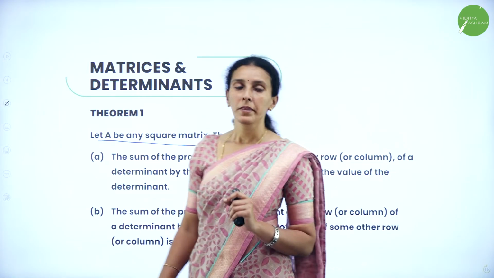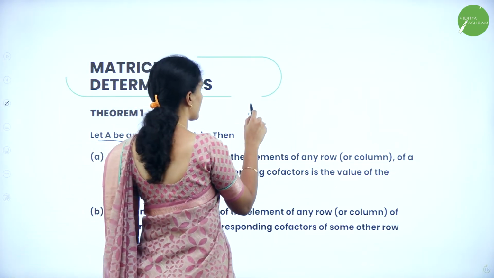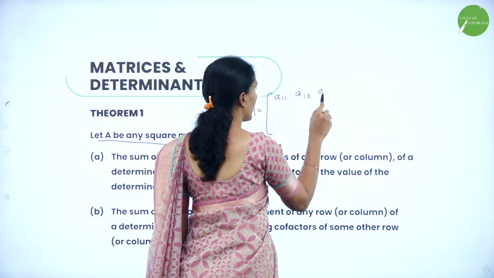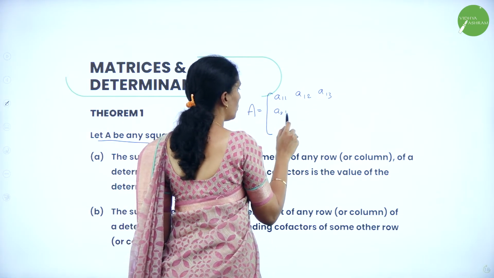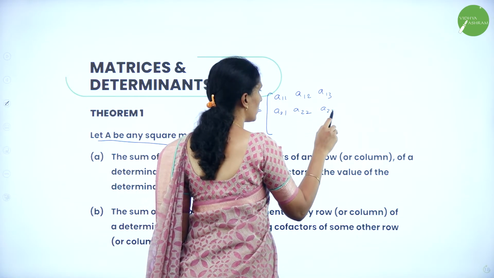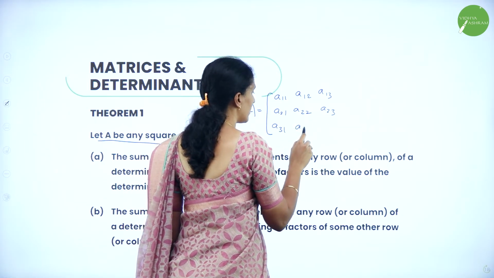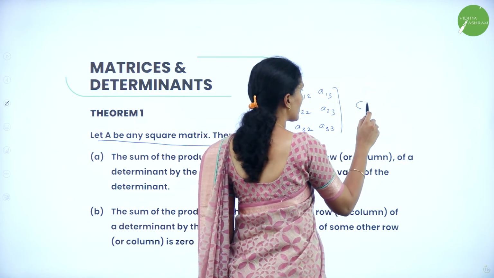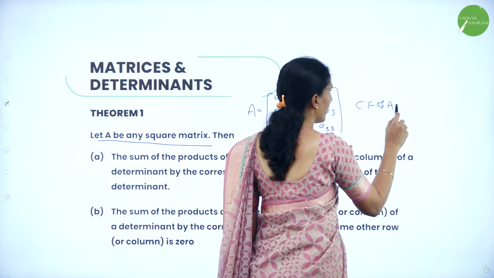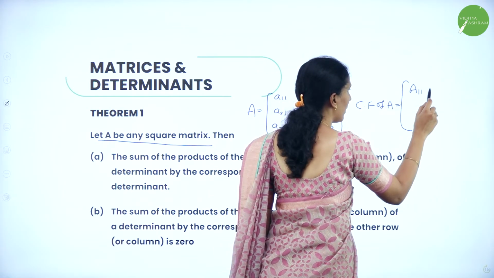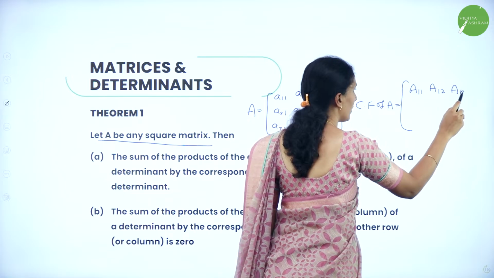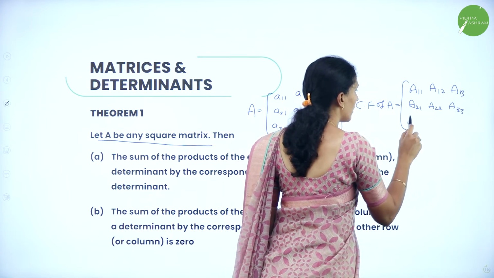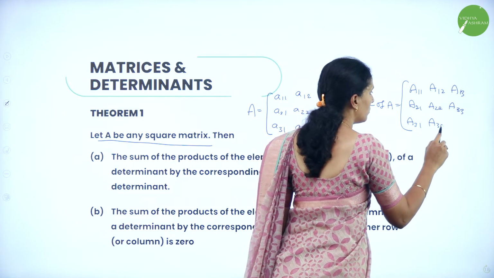So let me write the matrix: a11, a12, a13, a21, a22, a23, a31, a32, a33. And the cofactor matrix of A we write as capital A11, A12, A13, A21, A22, A23, A31, A32, A33.